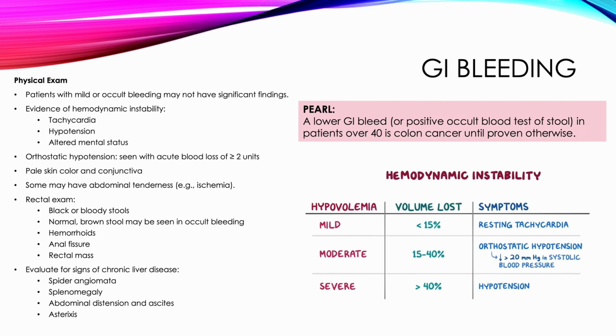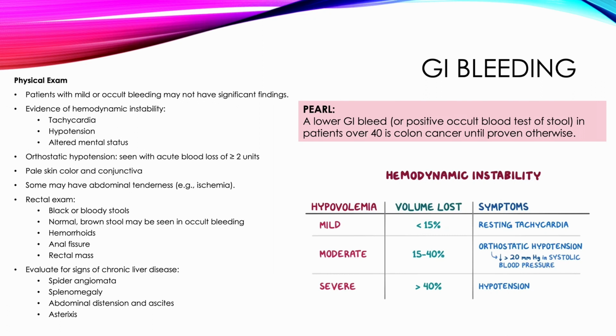Like we said before, some patients might have abdominal tenderness depending on the etiology. We always want to perform a rectal examination, at the very least with our eyes. We're looking for the color of the stool, any anal lesions. Even if the stool is not bloody, we would take a sample to look for occult blood in the stool. Hemorrhoids, we're looking for anal fissures, masses.